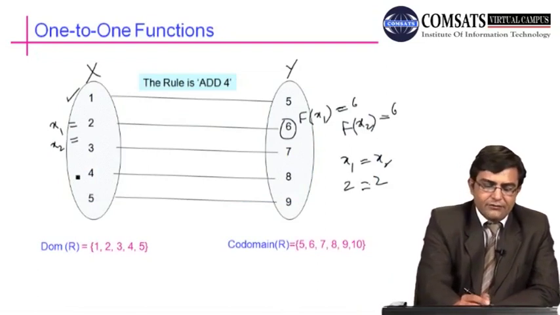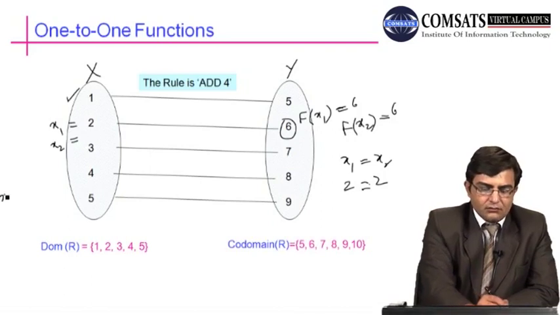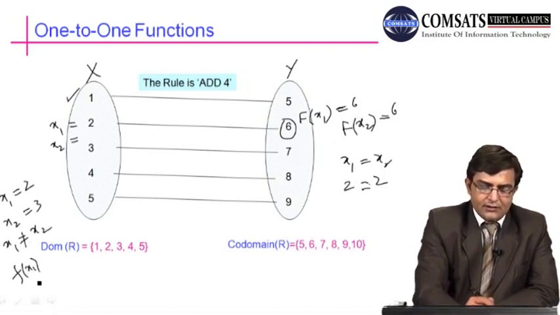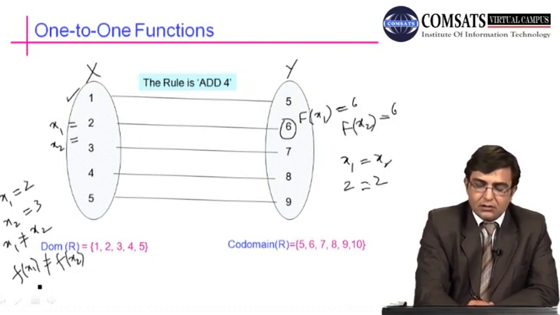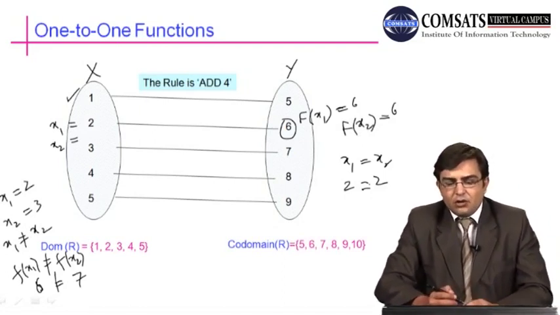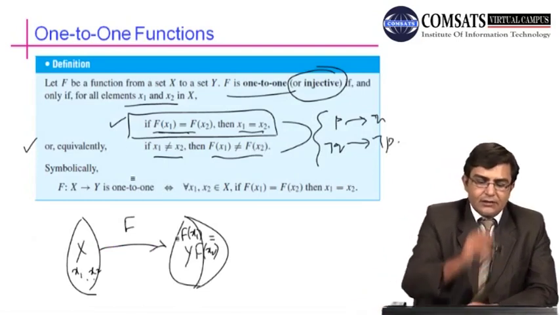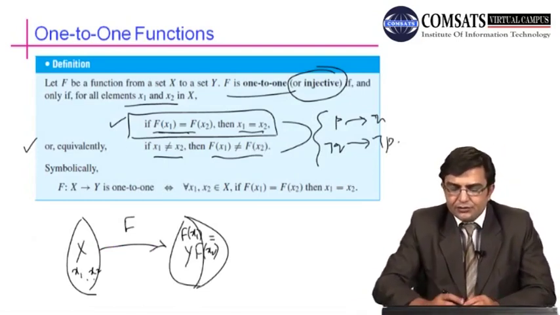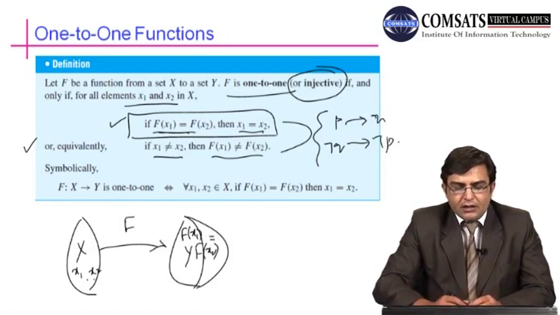If we take x1 equal to 2 and x2 equal to 3, then x1 is not equal to x2, and their images f of x1 and f of x2 are not equal, because f of x1 is 6 and f of x2 is 7. They are also not equal. This is the equivalent form of the statement we have seen. Whichever of these two statements you prove, you will have proved that the function is one-to-one.